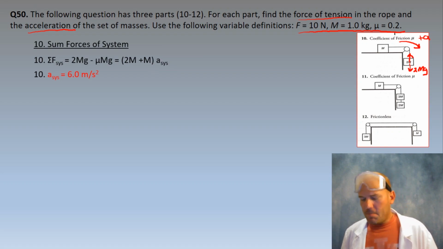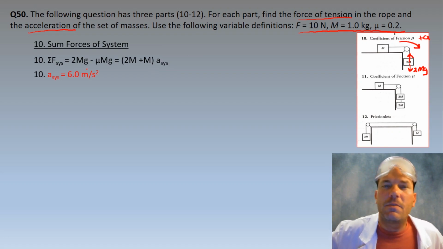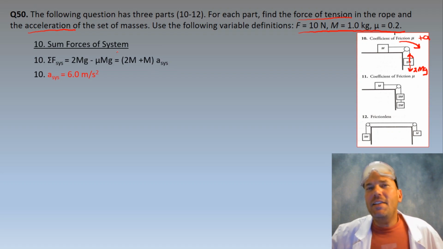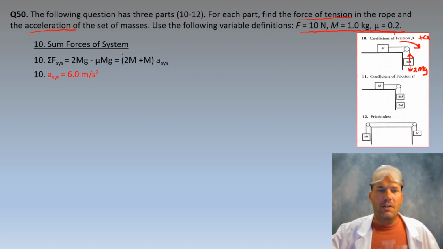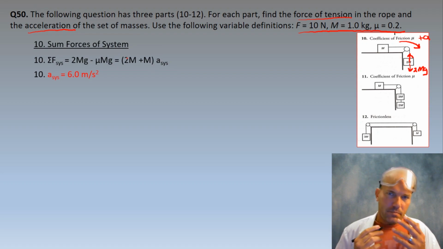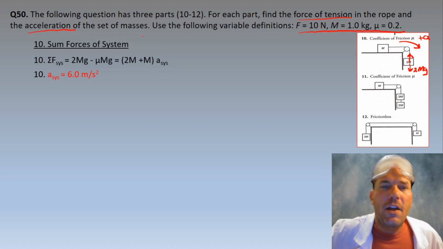So in our summation here, we have our force of gravity subtracting the force of kinetic friction. The force of kinetic friction is equal to mu times force normal.